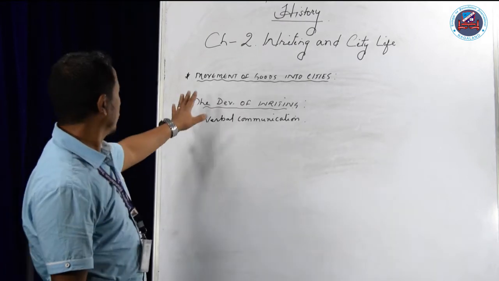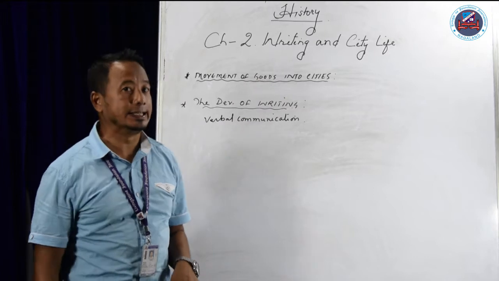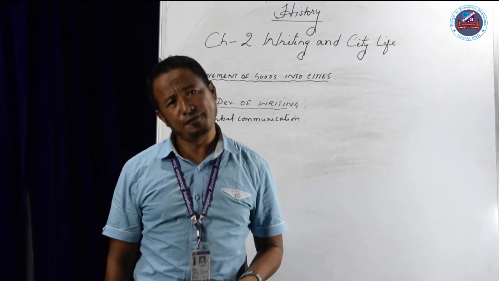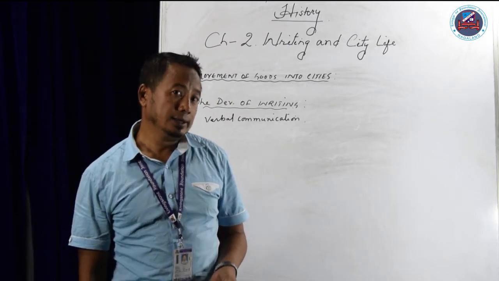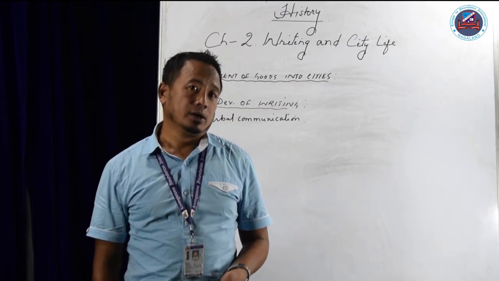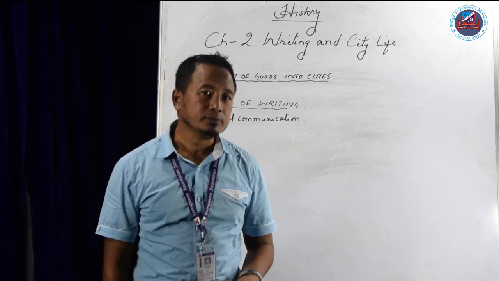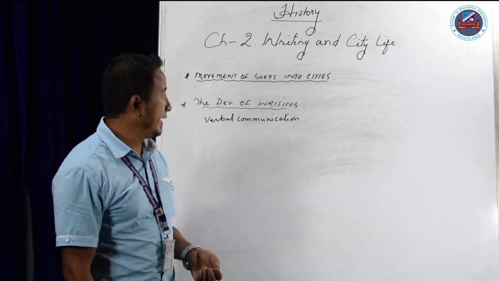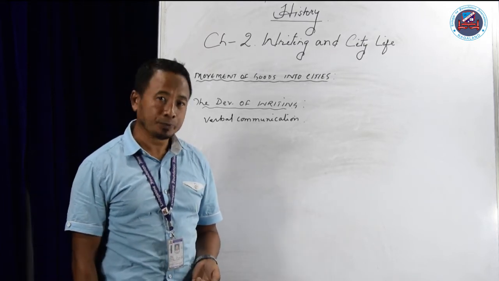Next, we will talk about a new topic, movement of goods into cities. We all know that Mesopotamia was very rich in food resources, but they lacked mineral resources like stone, wood, and metals. It was believed that they exchanged the mineral resources for food.